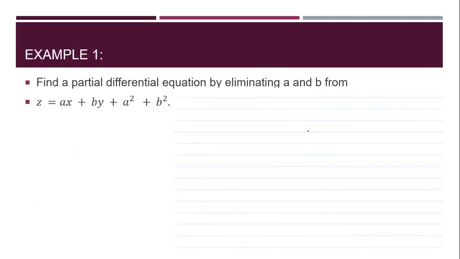We need to find a partial differential equation by eliminating a and b from this equation. So let's try. If I differentiate with respect to x, I will get del z by del x is equal to a, since x will give me 1. If I differentiate the equation with respect to y, it will give me del z by del y is equal to b.